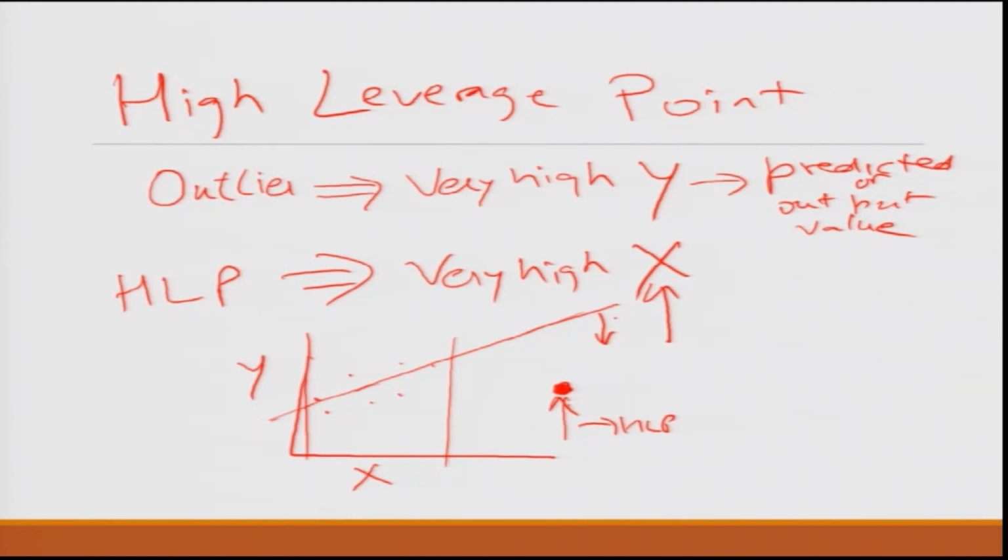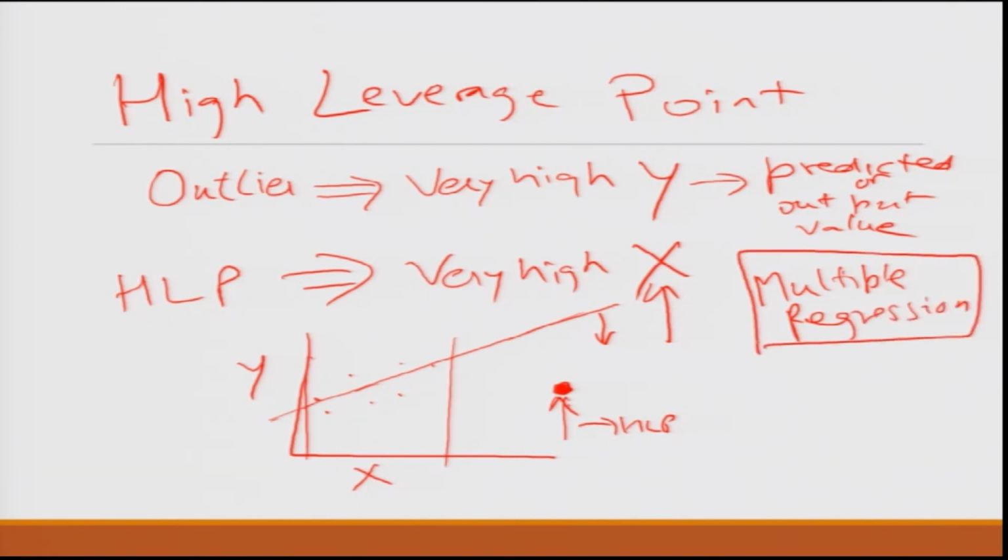So, just like outliers are traps, high leverage points become traps. It becomes more of a trap when you are dealing with multiple regression, because there are multiple dimensions involved, and you may not be able to visualize these high leverage points.